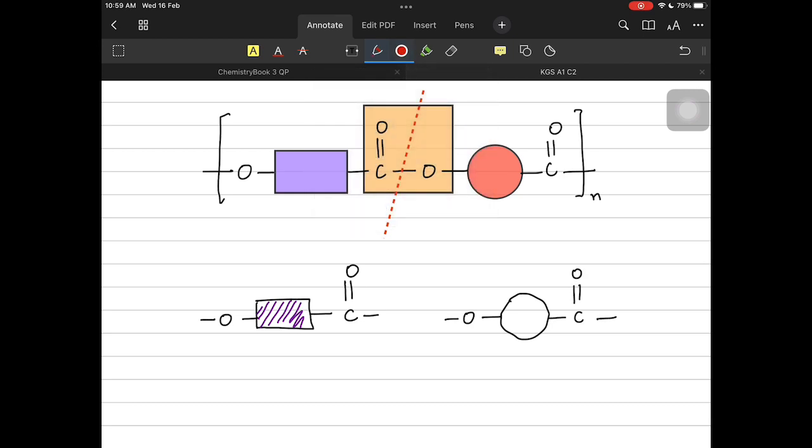Do it. Once you are done redrawing these monomer parts, you have got to complete it by adding H's on the oxygen atom and OH's on the carboxylic acid group. Left gets a hydrogen atom, the right side gets a carboxylic acid group. So that's how it's completed. This is one monomer.